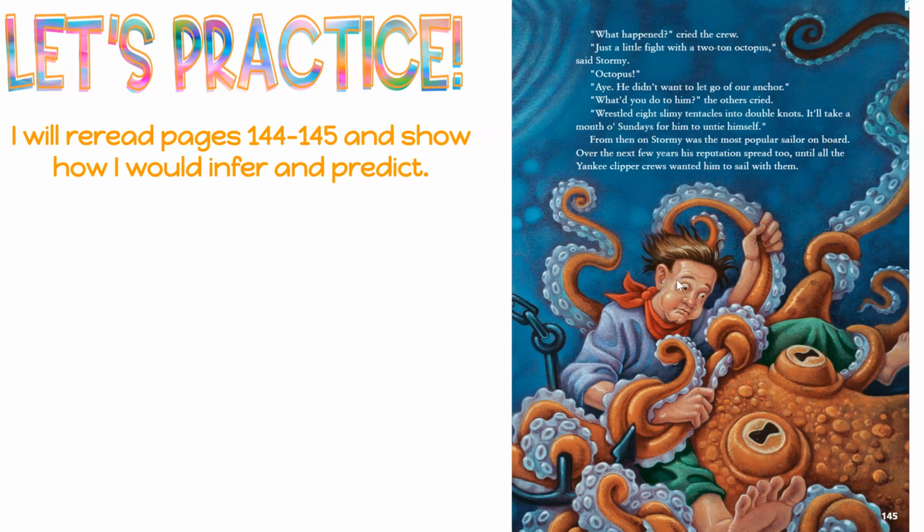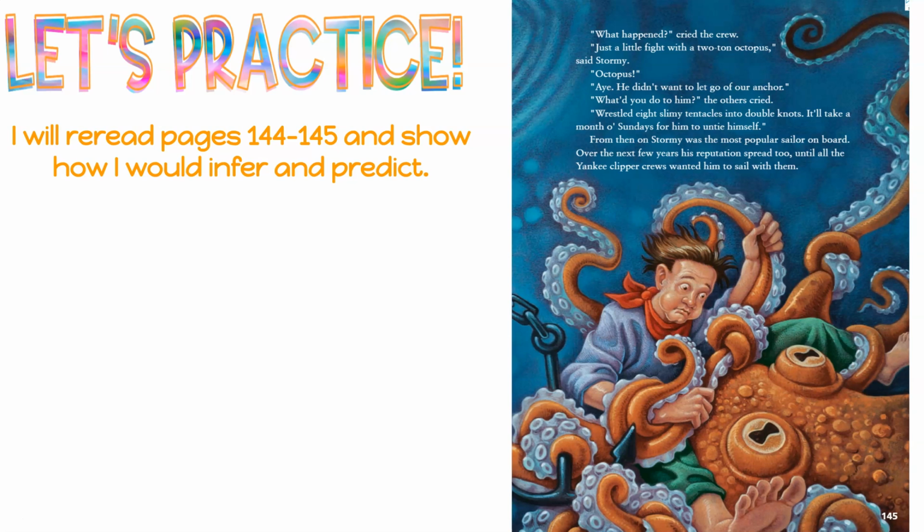"What happened?" cried the crew. "Just a little fight with a 2-ton octopus," said Stormy. "Octopus?" "Aye, he didn't want to let go of our anchor." "What'd you do to him?" cried the others. "Wrestled 8 slimy tentacles into double knots.